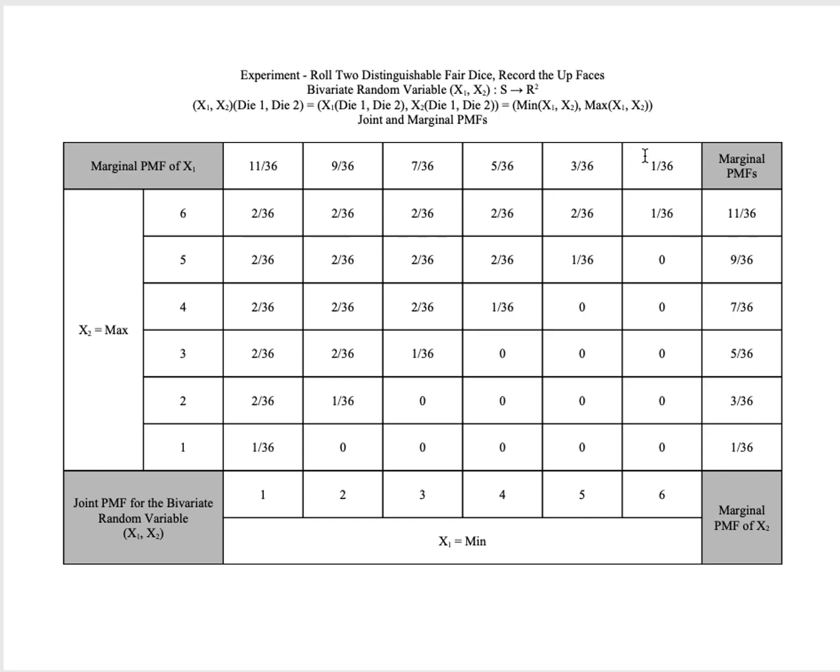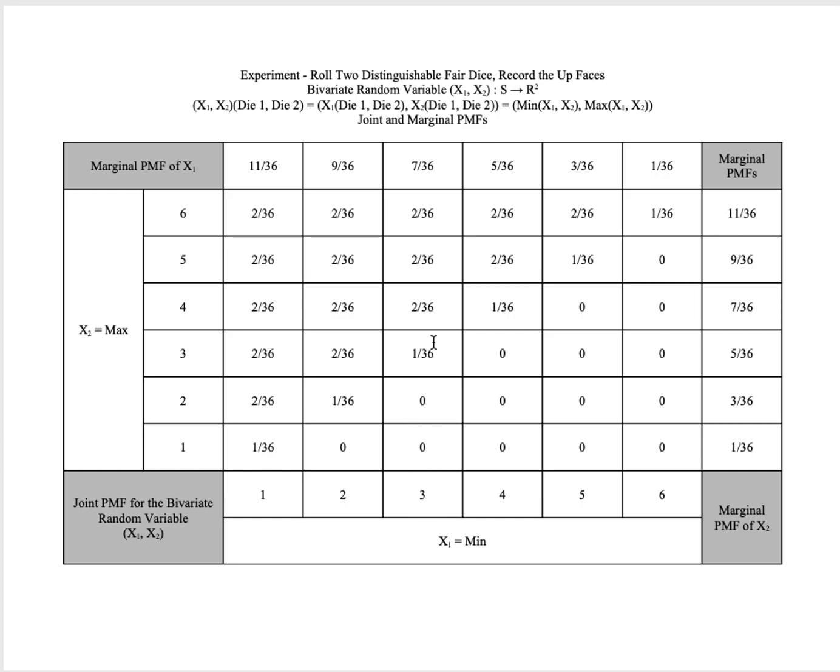So in the top margin here, I have computed the column totals. All right, so the sum of the joint probabilities in the first column, corresponding to X1 equal to 1, that column total is 11 over 36. The column total corresponding to X1 equal to 2, the sum of the joint PMF values in this column, is 9 over 36, and so forth.